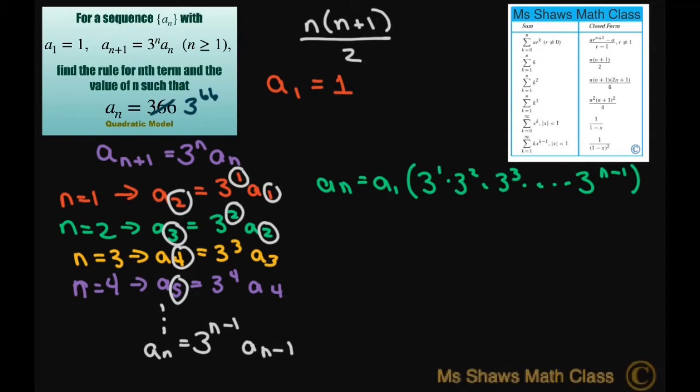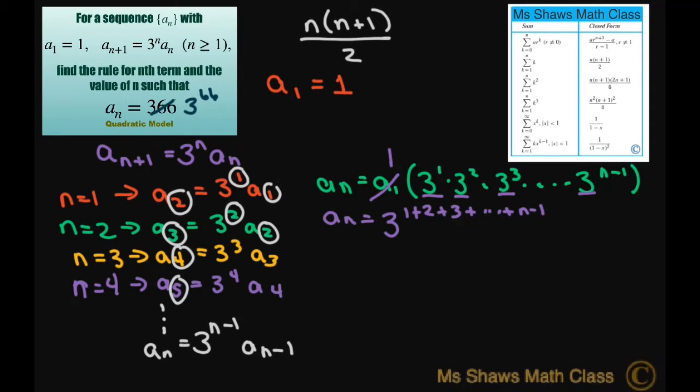Since my first term is 1, I can change this to 1. These have the same base, so I'm going to write this as 3 to the power of 1 plus 2 plus 3 plus dot dot dot plus n minus 1.